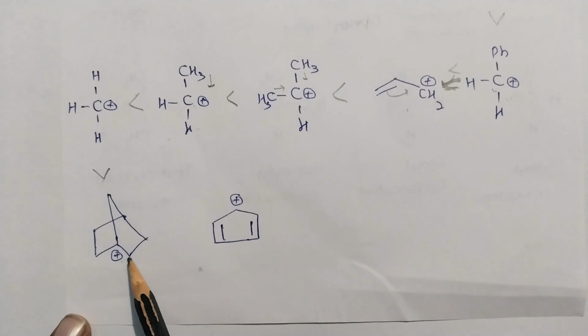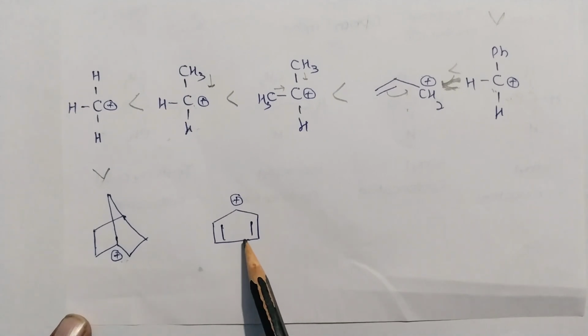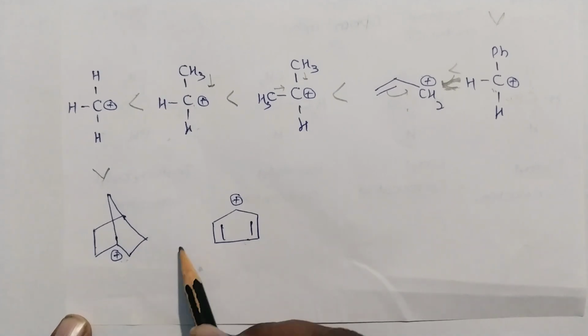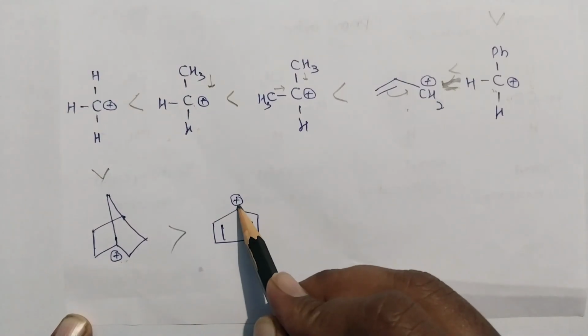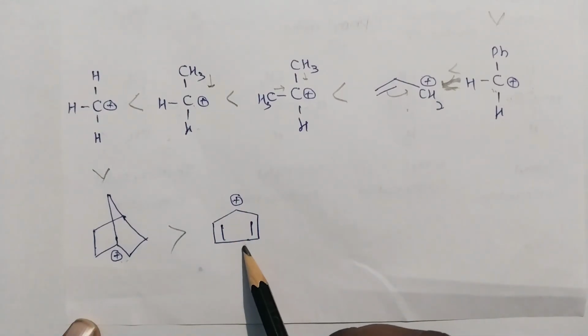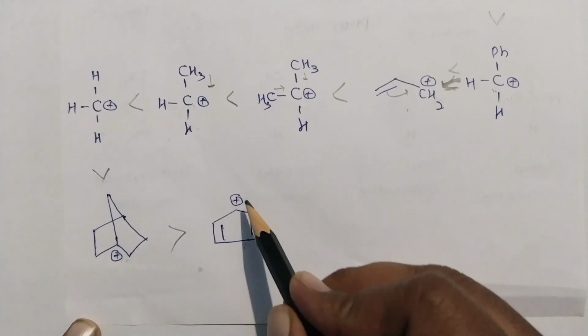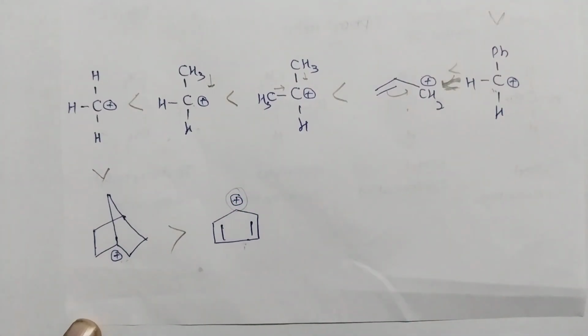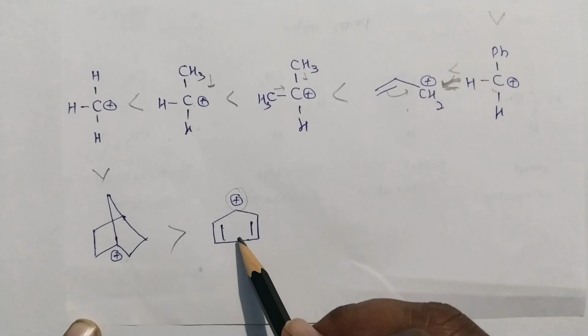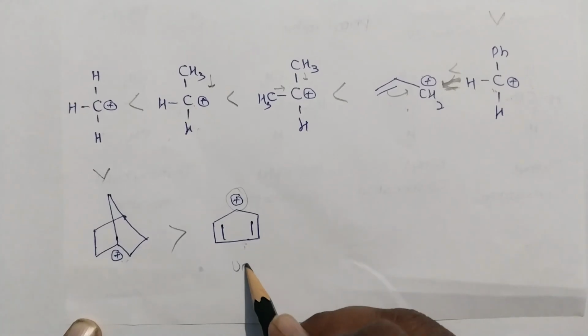This structure is less stable than this one, because here we know that this is anti-aromatic. This carbocation is anti-aromatic, so that is highly unstable.